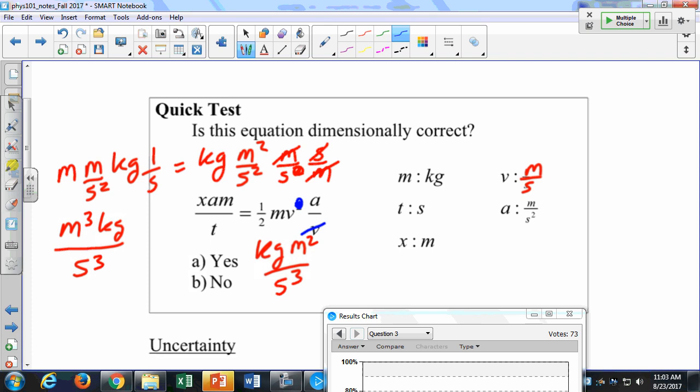Anybody know? I can get rid of two something else's. A, I can get rid of a because it's on either side. I just divide the entire thing through by the acceleration. And then similarly, I can get rid of the mass, m. I get rid of the half, and so I get x over t equals v. Oh, it should have been right, actually. Did I do something wrong here?